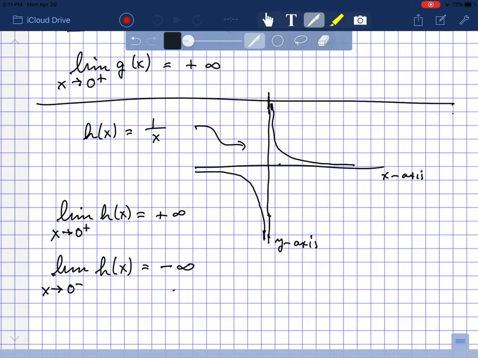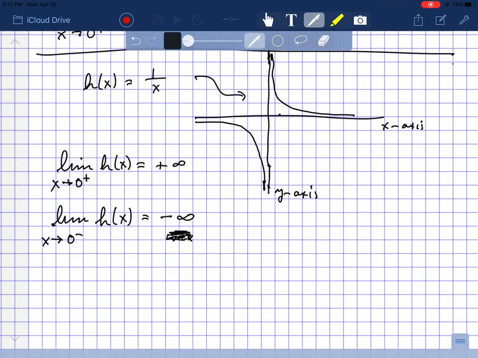The graph of our function h has an asymptote along the y-axis in the negative direction for values of x less than 0. And that's reflected in the fact that this limit happens to be negative infinity. Now, of course, these two limits are not equal to one another, so we would say that the limit as x approaches 0 of h of x does not exist.